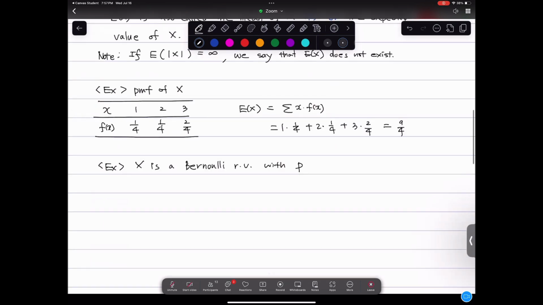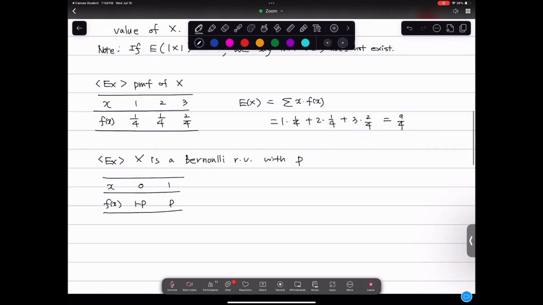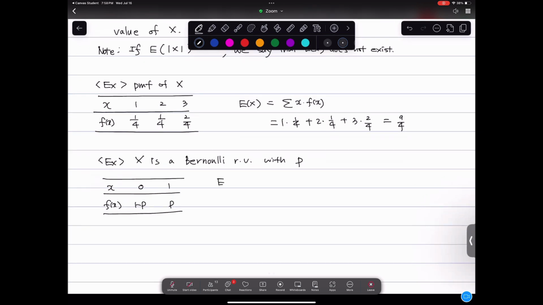The x values are either 0 or 1, and the probabilities are 1 minus p for 0 and p for 1. So the expectation for the Bernoulli case is 0 times the probability plus 1 times the probability. So the probability of success is the expectation. So that was that.